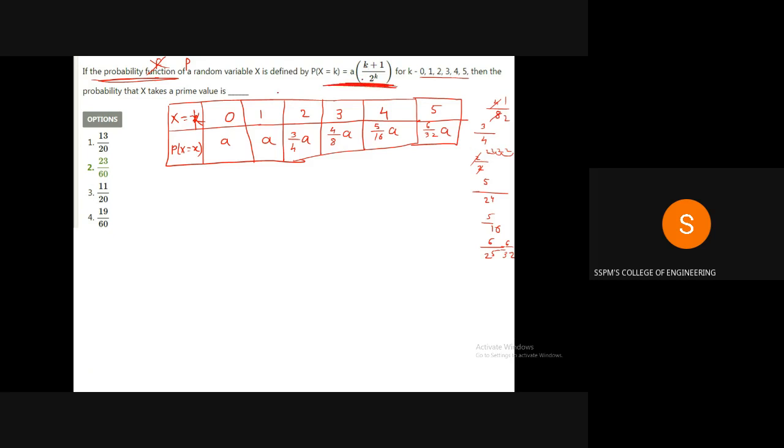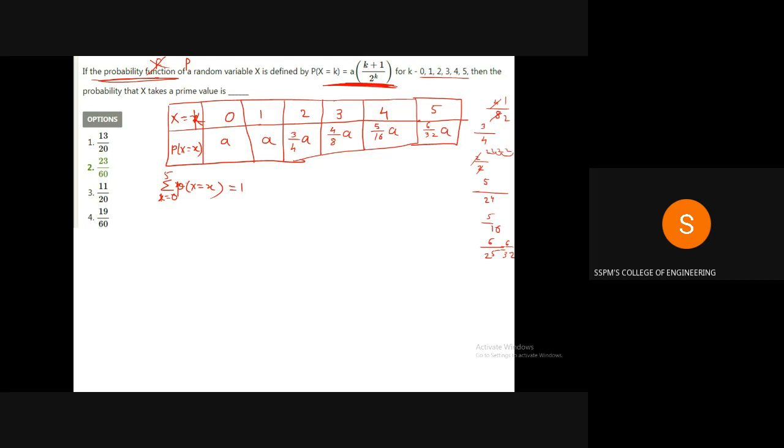Now we have to first find the value of a. How can we find the value of a? We know that the summation of p of x, for x from 0 to 5, is always 1.